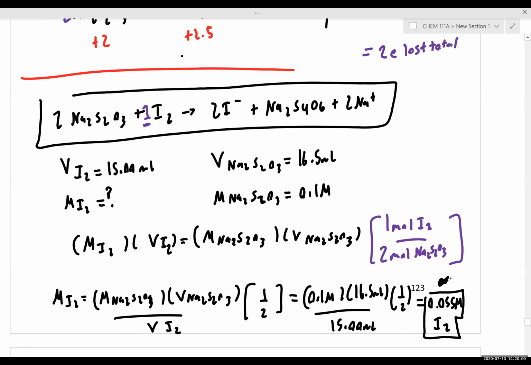Does this make sense to everyone so far? Any questions so far on any of these examples?